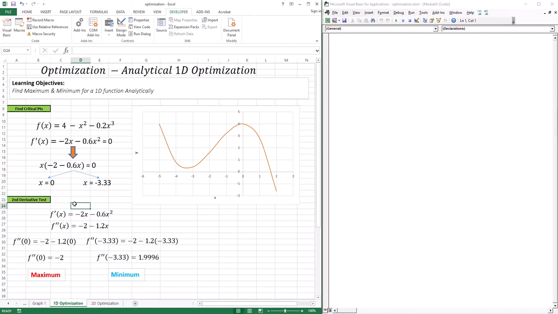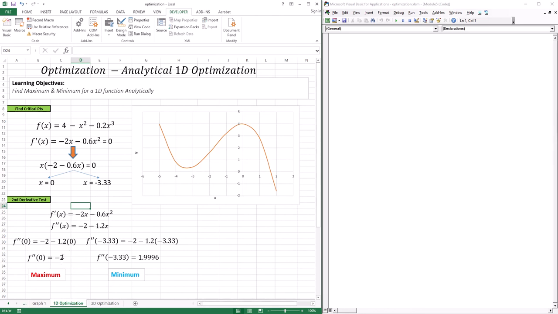Again, we do this by the second derivative test. The second derivative is just the derivative of the first derivative. Here's the first derivative, negative 2x minus 0.6 x squared. If I take the derivative of that, I'm going to have negative 2 minus 1.2x. So here's my second derivative. I'm going to evaluate the second derivative at 0. When I evaluate the second derivative at 0, I have a negative second derivative.